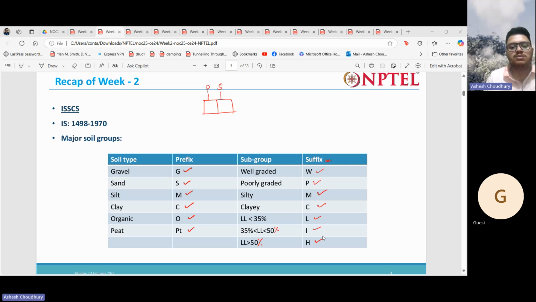Those are the major groups, and they generally give us the prefix. We have two parts in the soil classification system, a prefix and a suffix. The prefix is formed from the major soil group. Then we have the subgroup, which is well graded, poorly graded, silty, clayey, and low plastic, intermediate plastic, or highly plastic.